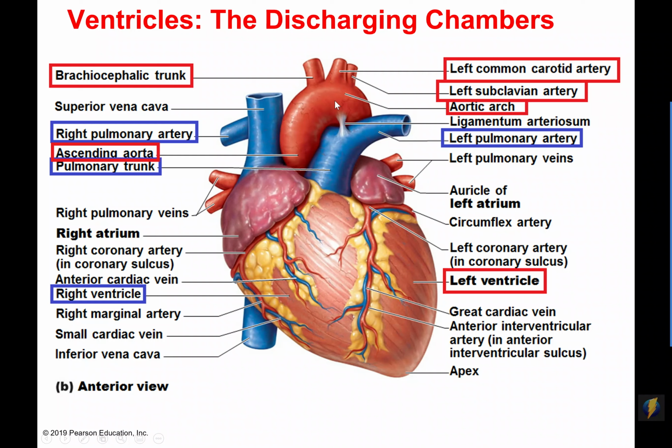Then we get into the aortic arch, and branching off of the aortic arch are the brachiocephalic trunk, the left common carotid artery, and the left subclavian artery, bringing blood to the upper body. And then the arch folds over into the descending aorta, and that will then descend down the thoracic cavity into the abdominal cavity and eventually down the limbs.